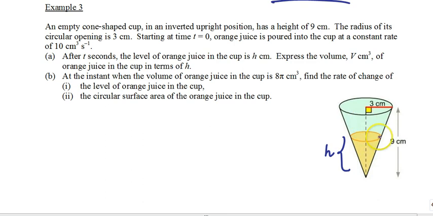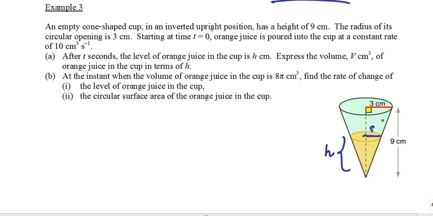And to find the volume of the cone, you need the radius of the cone as well as the height. So what we have here is the height of the cone, but we don't have the radius. So before we find the volume, we need to find out what this radius is.